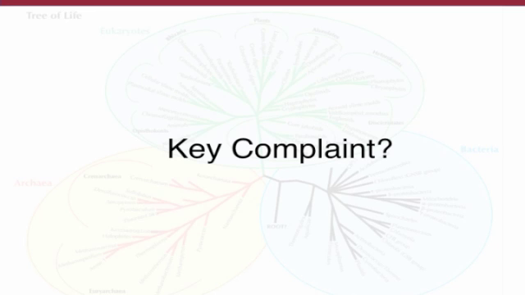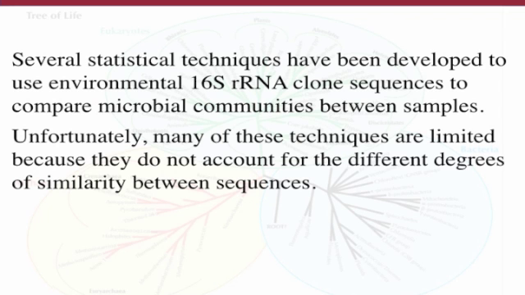So what they go through is basically this argument that there are methods to do this. They weren't saying that this is the first time anybody thought of doing beta diversity comparisons from microbial data, but they don't account for the different degrees of sequence similarity that you would see between data if all you're doing is collapsing things into OTUs and then counting OTUs.